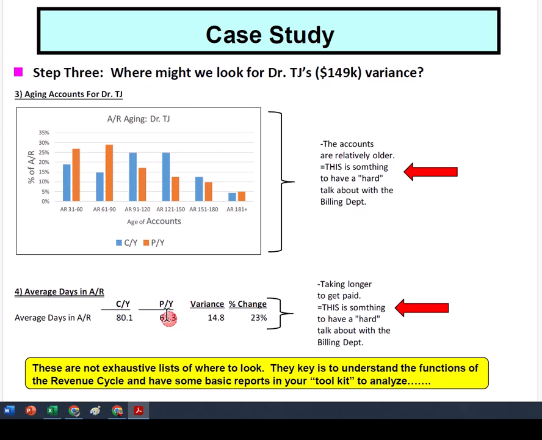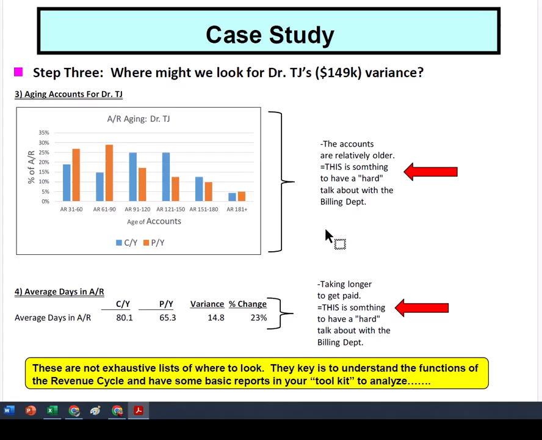Last year it took 65.3 days on average to get paid, the days in accounts receivable. Now we're up to 80.1, and you can see that reflected in these bars. The percentage of accounts that are relatively older, the blue bars, is higher in the later time period.